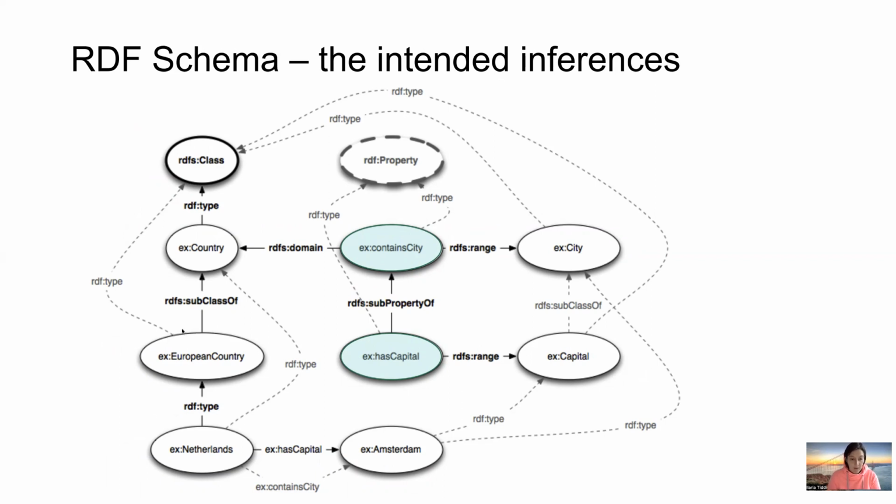When we use RDFS, we make a difference between asserted triples and inferred triples. The asserted triples are the ones that were expressed originally in your knowledge graph, and the inferred triples are the ones that the reasoner generates or materializes based on the keywords or reserved symbols that you used in RDF schema.